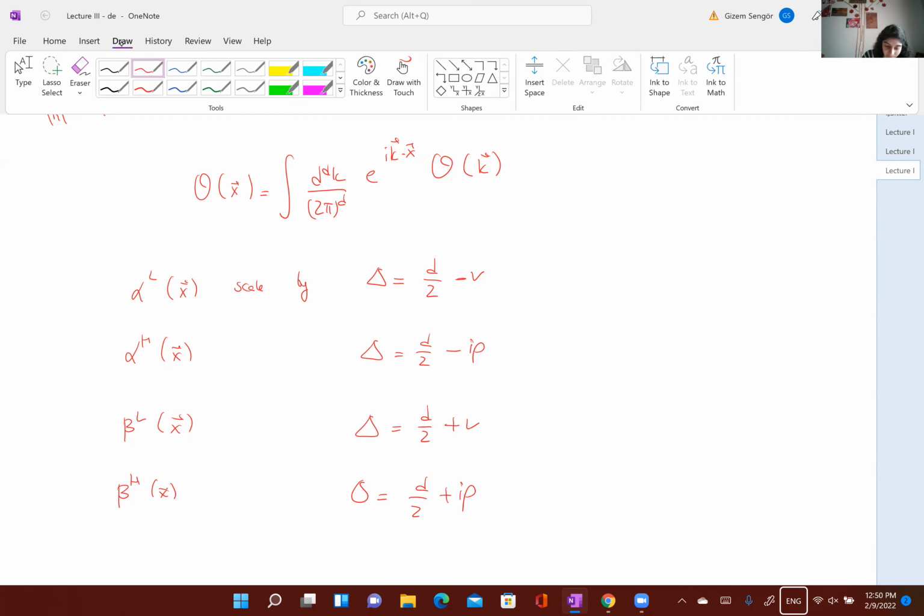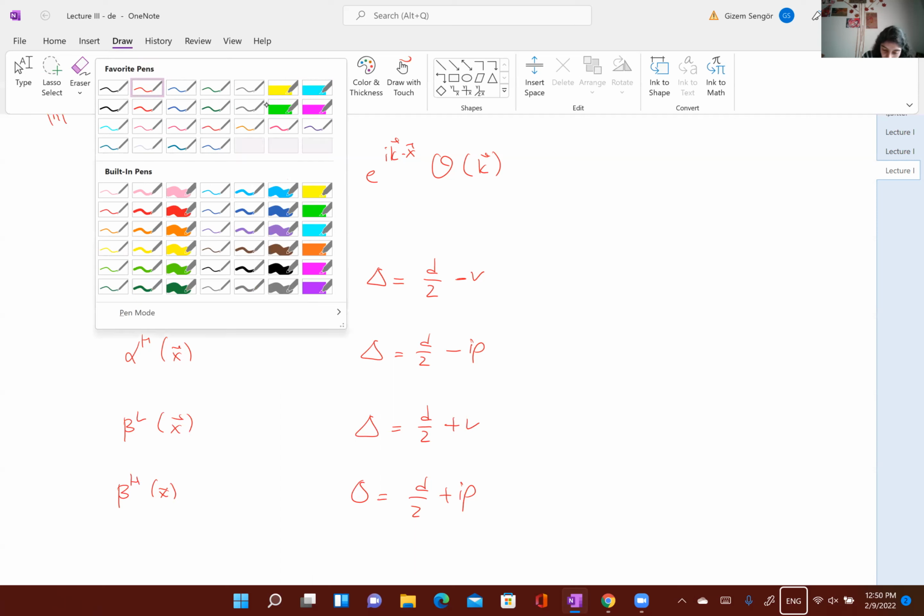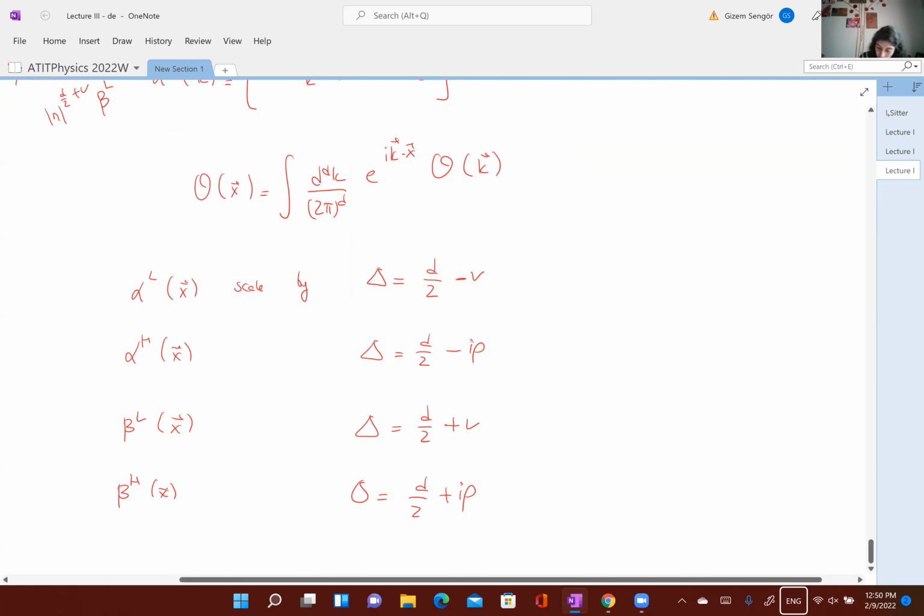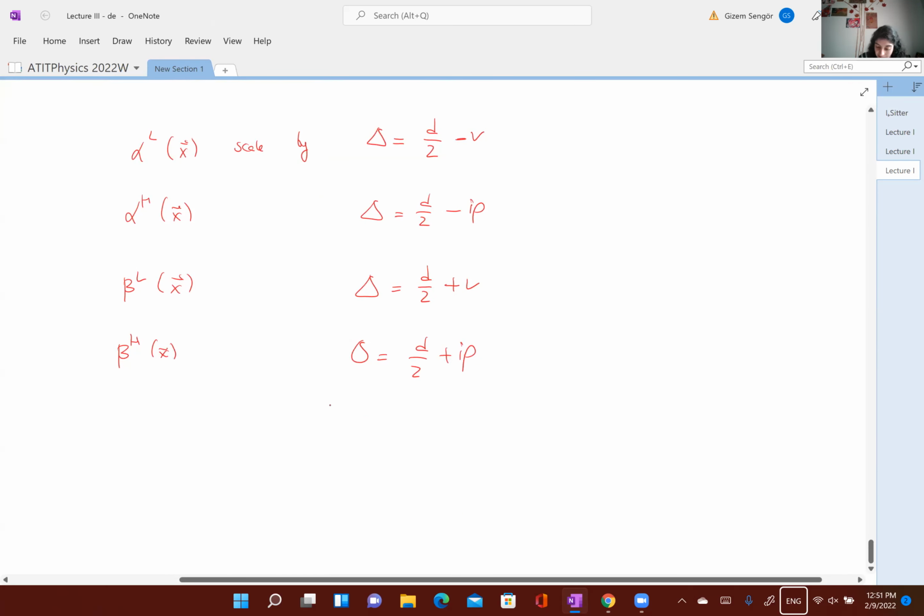Now, this is the way the scaling dimensions of the de Sitter representations work. And we can read off that we have these scaling weights.